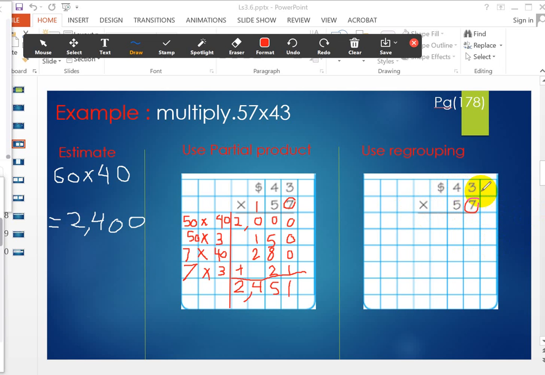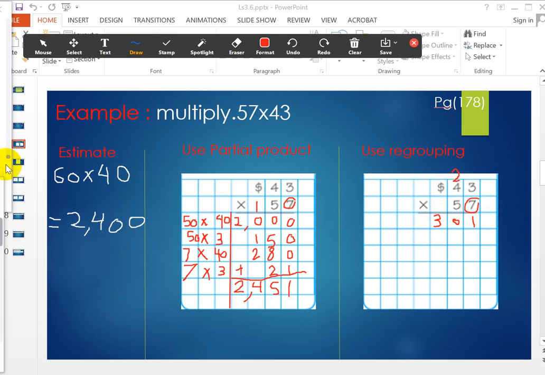First thing, 7 multiply 3 equals 21. Can I write 21 here? No. So I will write 1 here and 2 above the tens as we learned. 7 multiply 4 equals 28. 28 plus 2 equals 30. So I will write 30 here. This is the first step.